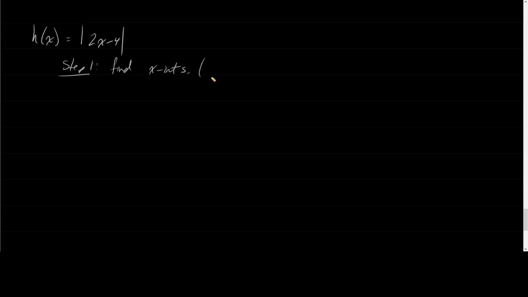The x-intercepts again is when y is equal to 0. So set this equal to 0. We have the absolute value of 2x minus 4 equal to 0. Technically this gives me two equations, but they're the same. So it's just 2x minus 4 is equal to 0, so x is equal to 2.